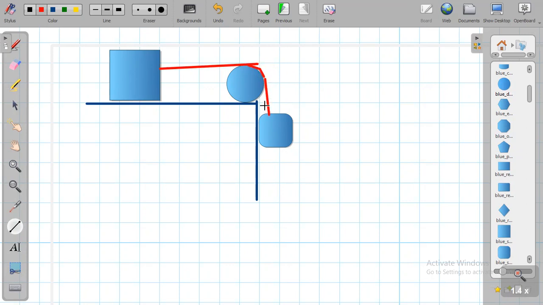Now this is how it is connected. The tension of this one is equally spread. There is a mass here, it applies a force of mg downwards. There is a 3m mass, and it's going to get attracted towards here.